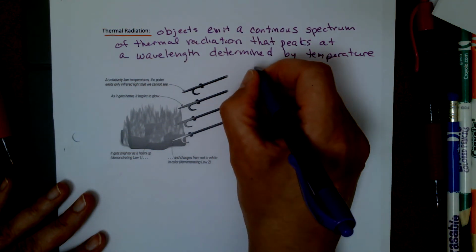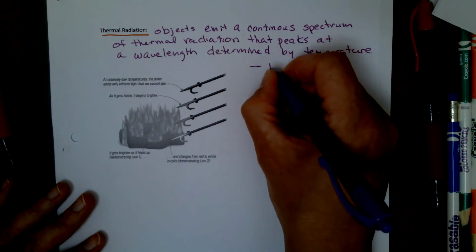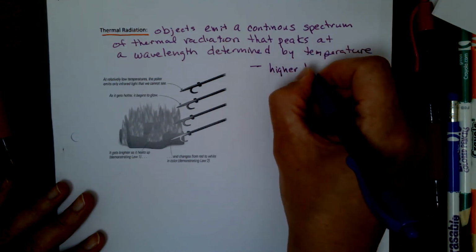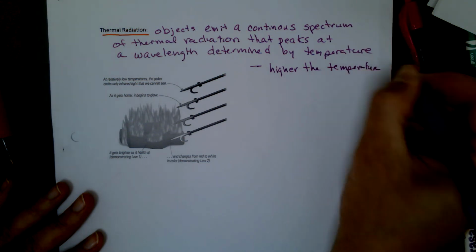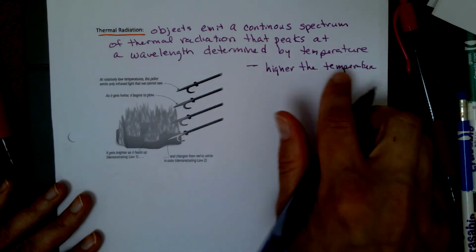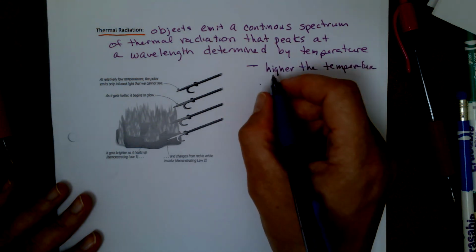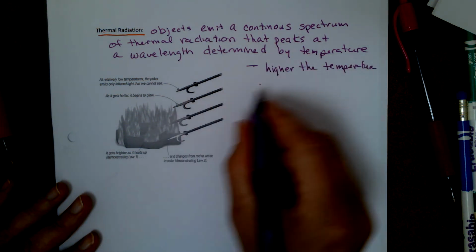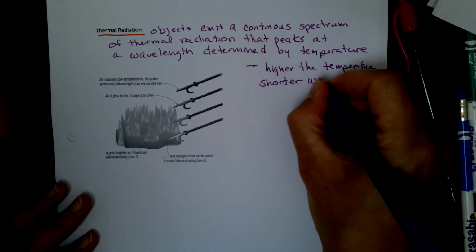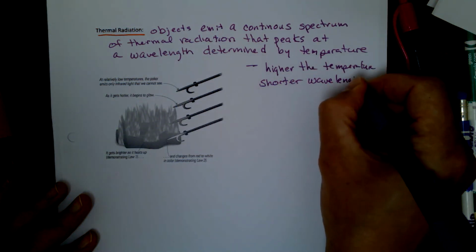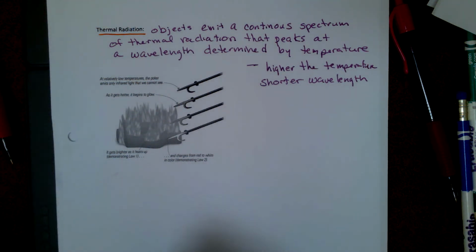So, the higher the temperature, and the big key here is the higher the temperature, the shorter the wavelength. The lower the temperature, the longer the wavelength.